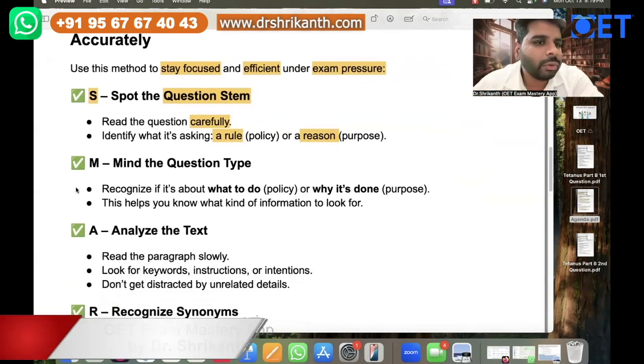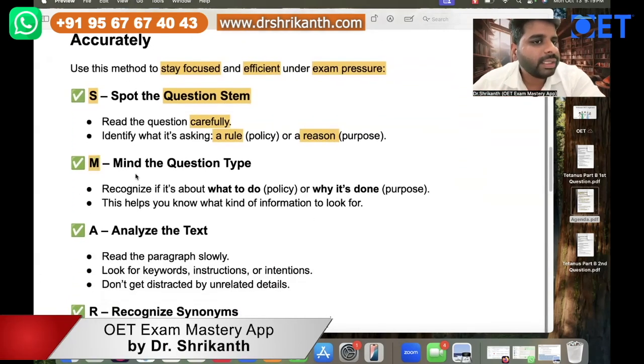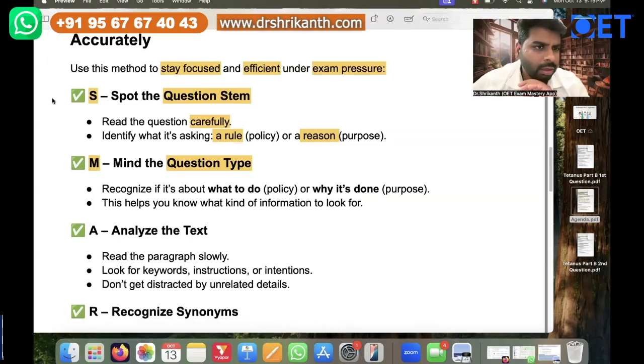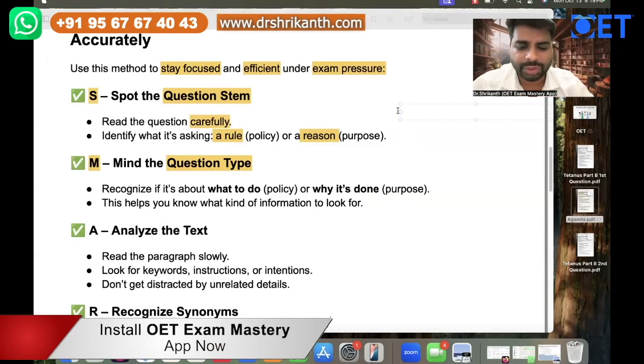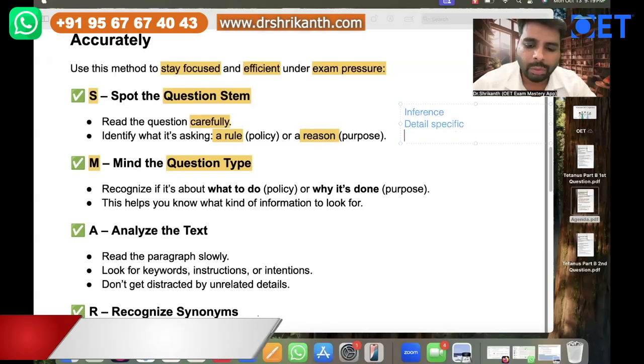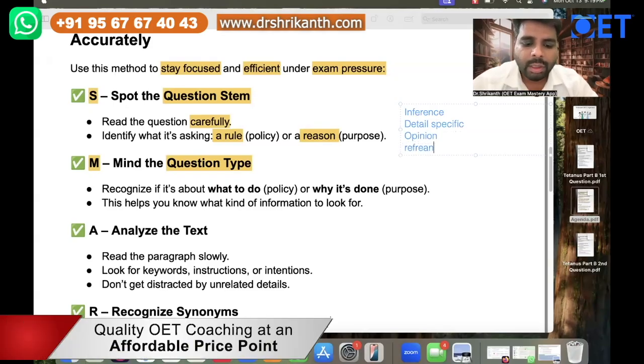Now let's come to M. What is M over here? Mind the question type. We have different types of questions. For example, when we are dealing with multiple choice questions, we have inference type questions, detail specific questions, opinion type questions, referent tracking questions, and then purpose based questions.